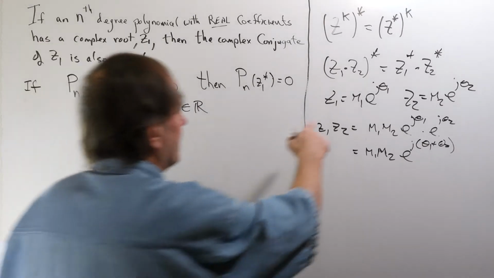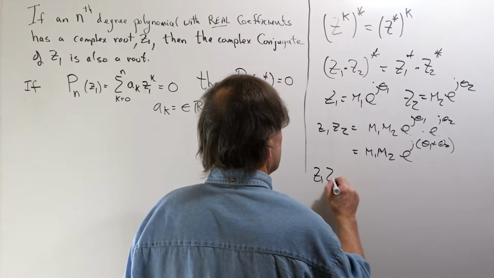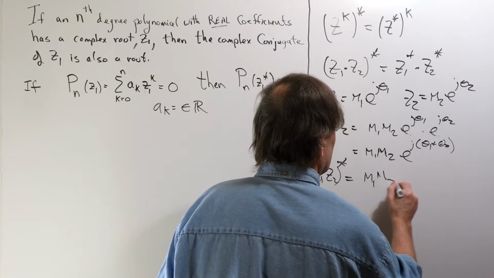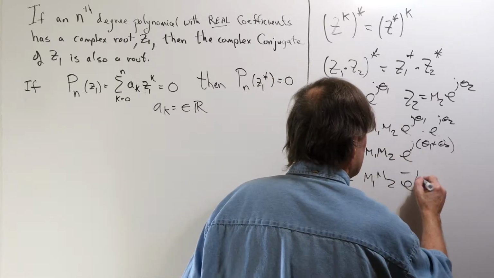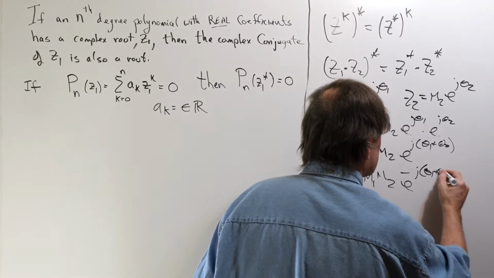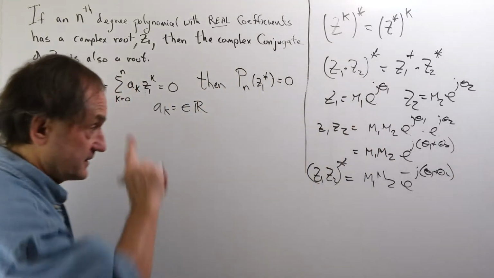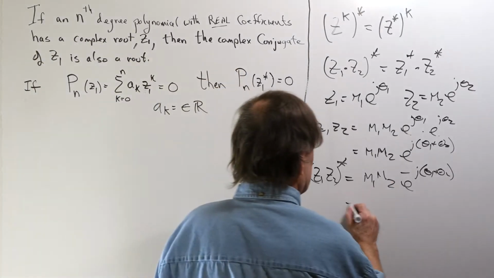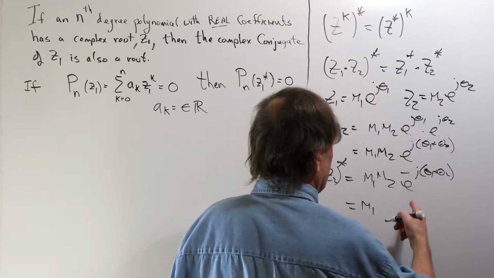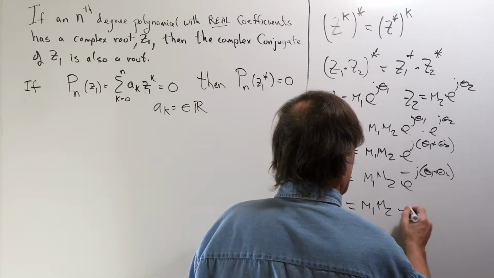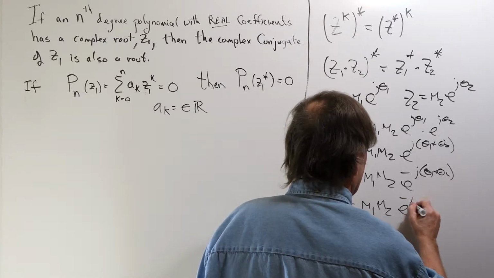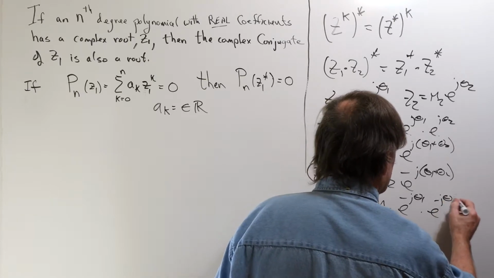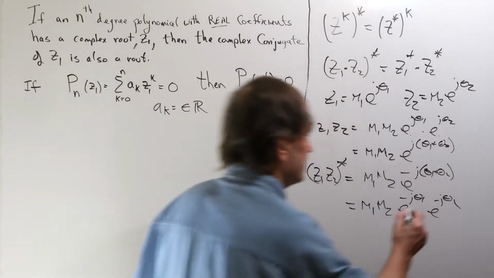Now, if I take the conjugate of z1 z2, this becomes m1 m2, and minus the angle, e to the minus j theta 1 plus theta 2. That's the conjugate. Now, I can expand this out. I put the m1 and m2, and I expand this out: e to the minus j theta 1 times e to the minus j theta 2 using properties of exponents.